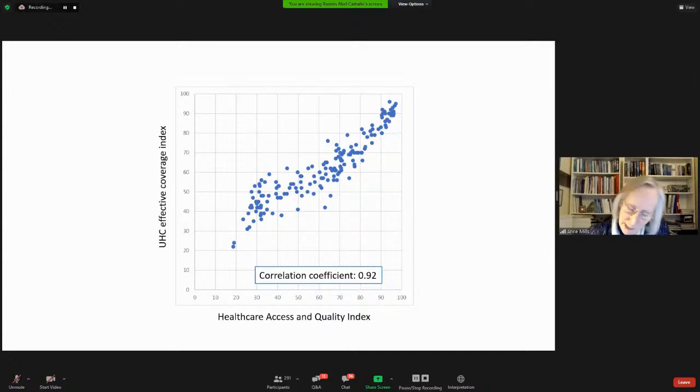So my first point is that it just echoes how inadequate these indicators are.